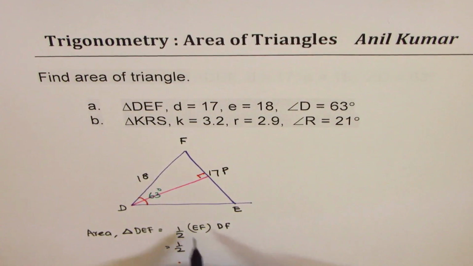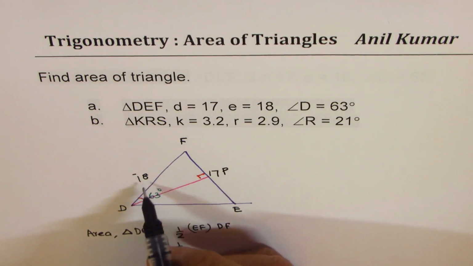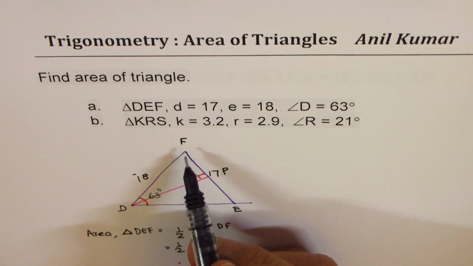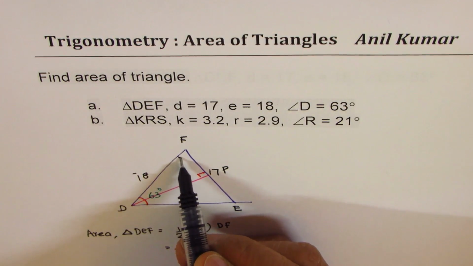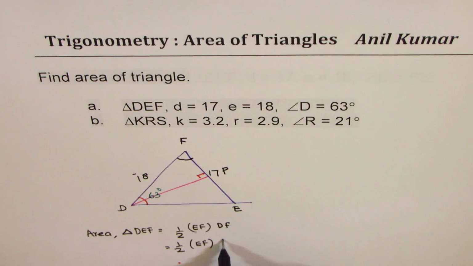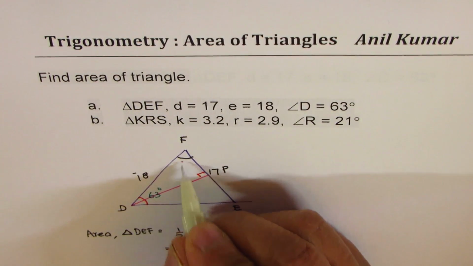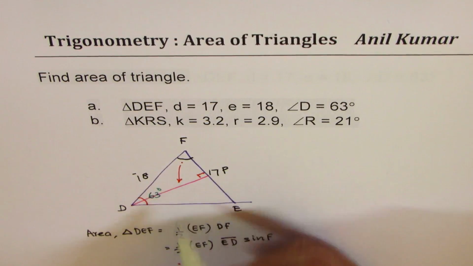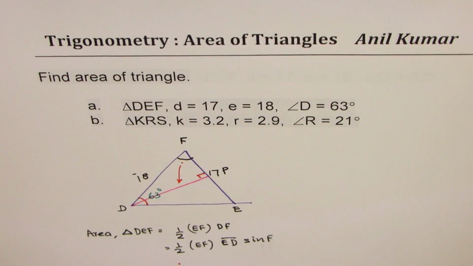Now dP could be written in terms of dF, which is 18, so it will be half EF times sine of this angle F. Let me write ED, sine of angle F. Do you see that? This angle. So since this side is opposite angle F. So that is the case.